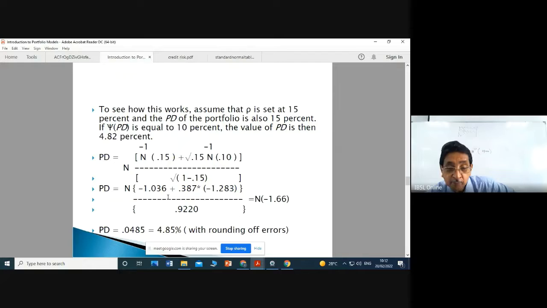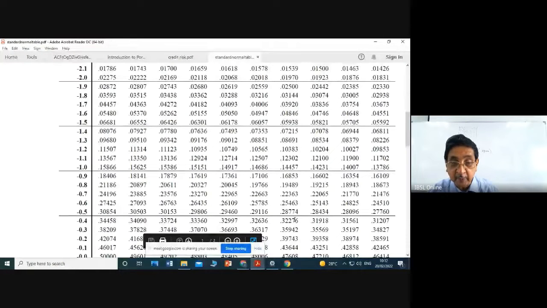Suresha? Yes, sir. Right. Then square root of 0.15 is 0.387. Then again you get N to the power minus 1 of 0.10. That also you have to check from the normal curve table.